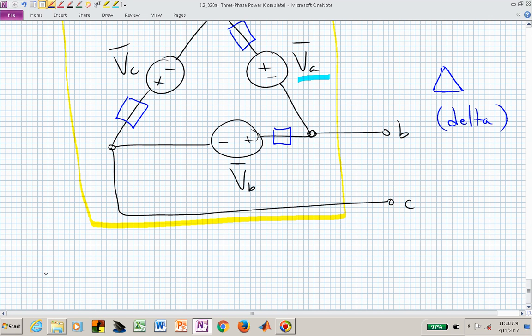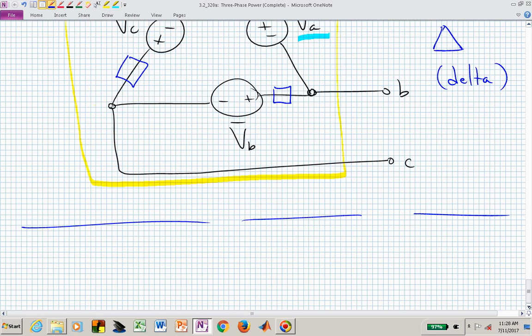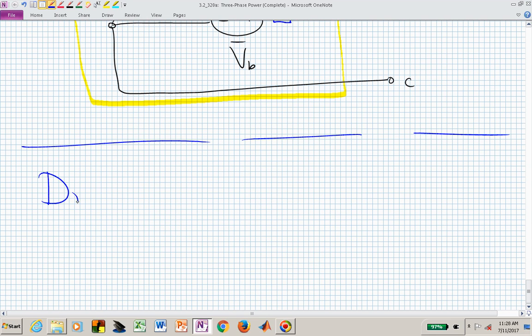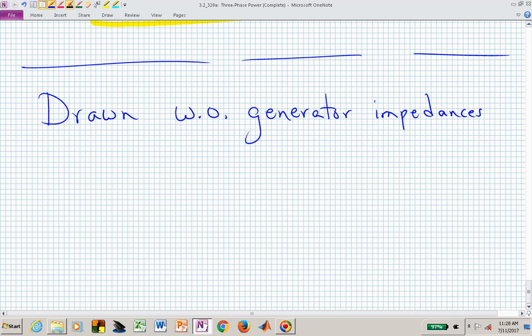What I am indicating with those blue boxes is this, I actually drew those without what's internal to those blue boxes, which could be generator impedances, where the generator impedance inside the blue box might be represented by a resistance, let's say a winding resistance.